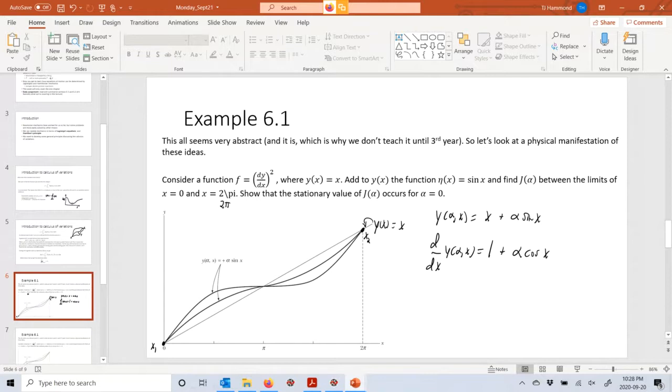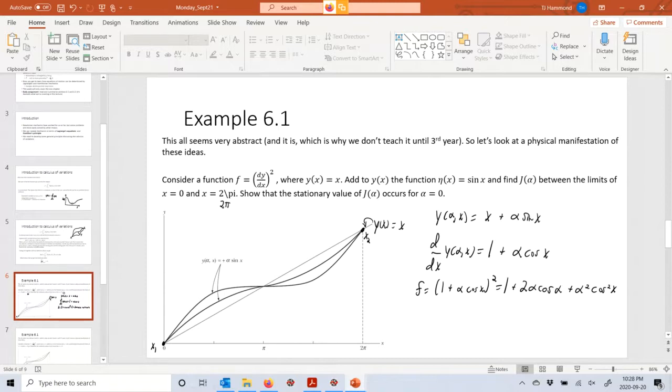So what we said is our function is (dy/dx) squared. So what we get is f is equal to (1 plus alpha cos x) squared, which is of course 1 plus 2 alpha cos x plus alpha squared cos squared x.